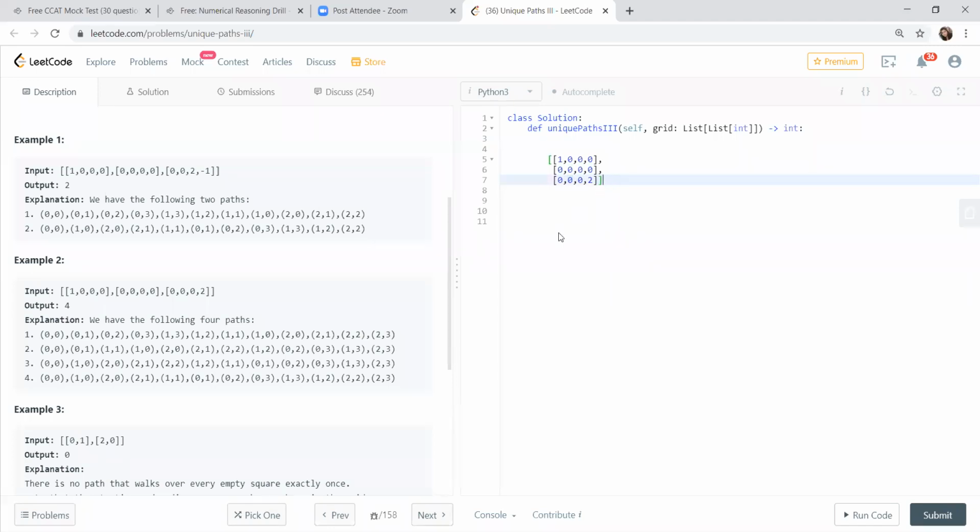So what's the question, Sonia, you are asking? Actually, my point is, right now over here, it is going in all four directions to check which path I should follow.